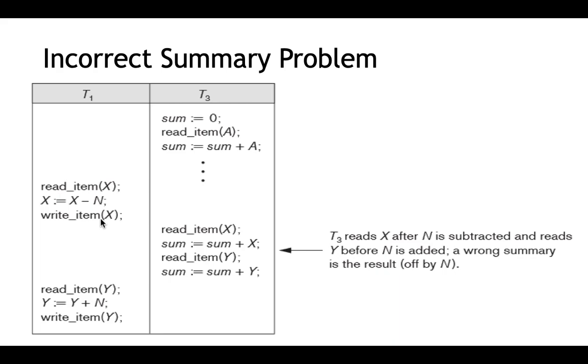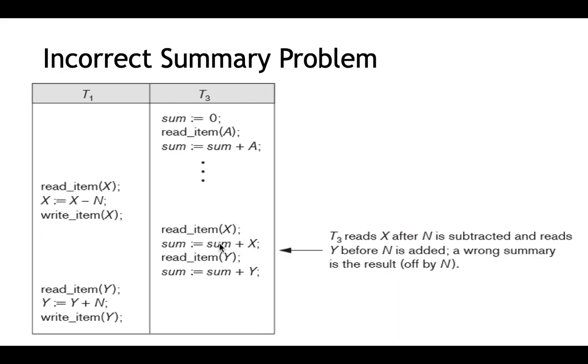In that microsecond gap, before it is getting deposited to another account, imagine this X is read by the summary. The bank is taking the summary and the bank reads X.